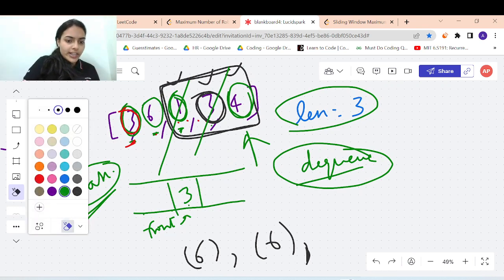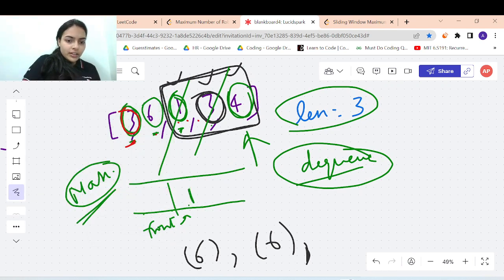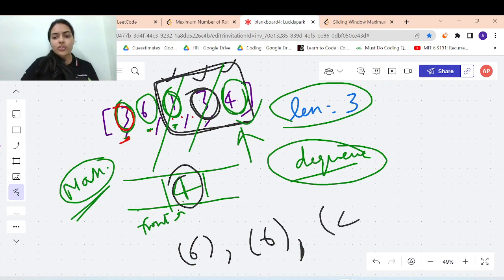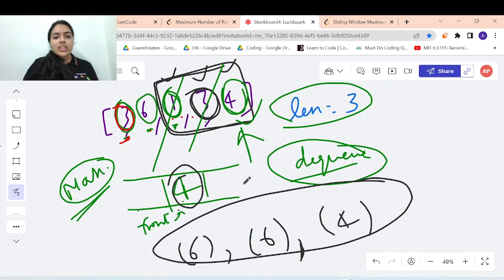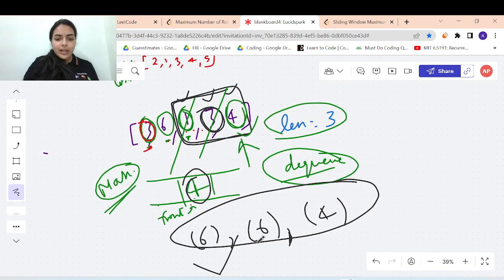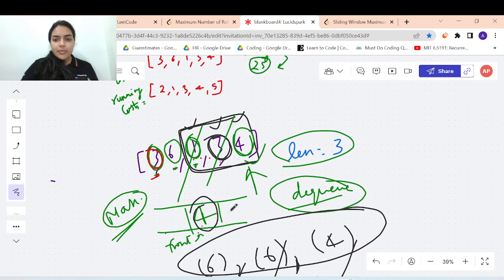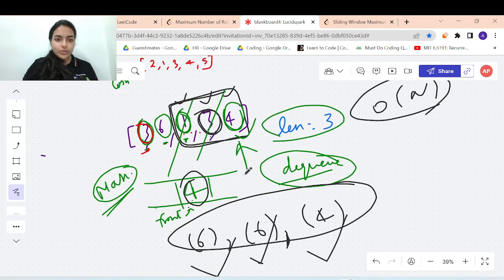Now 3 is useless, because for the future cases, if we have got a better answer like 4, we will store it. So now after processing, 4 is the frontmost element, so 4 is the maximum element. So this is the maximum element for each of the 3 subarrays. So this we can use easily to find out the maximum element in order of n time and order of n space. That is why we are going to use this, okay?